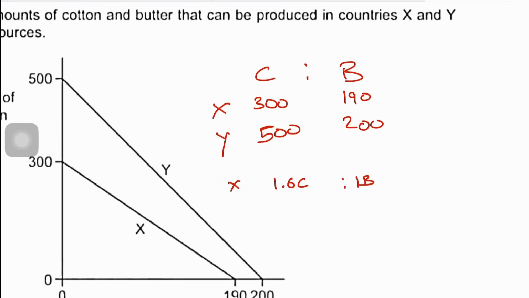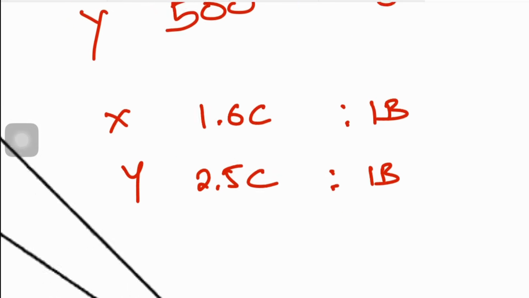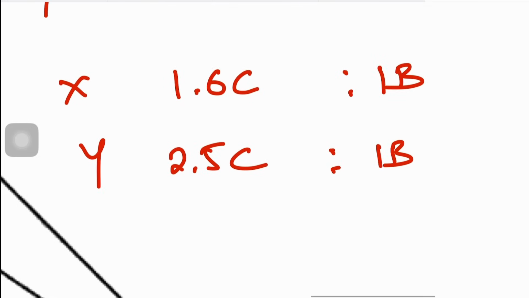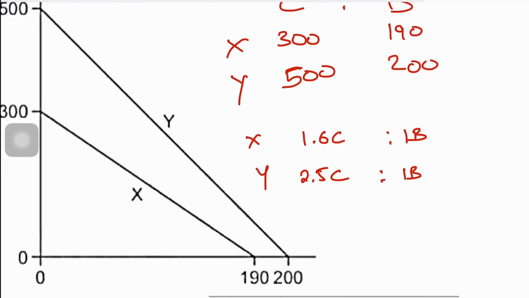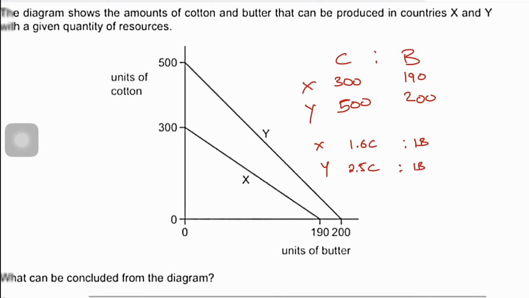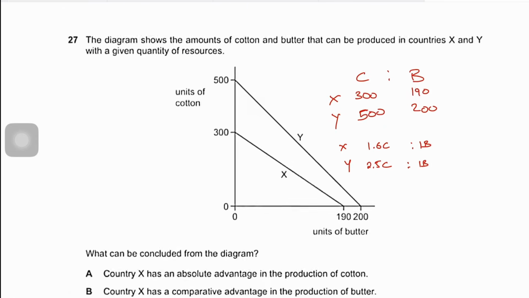And if country Y makes 1 butter, it would forgo 500 divided by 200, which is 2.5 cotton. So country Y would forgo more cotton to produce the same 1 butter, while country X will forgo less cotton to produce the same 1 butter. And hence it follows that country X should have a comparative advantage in the production of butter.